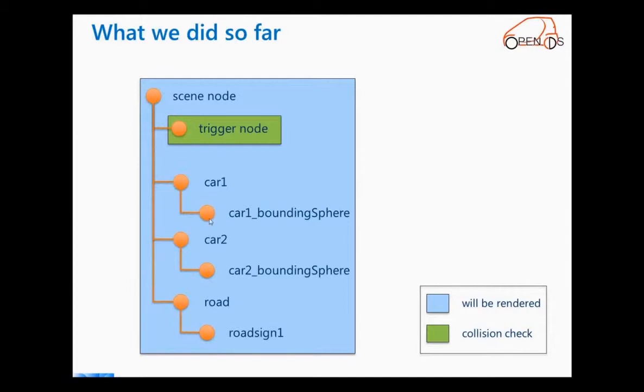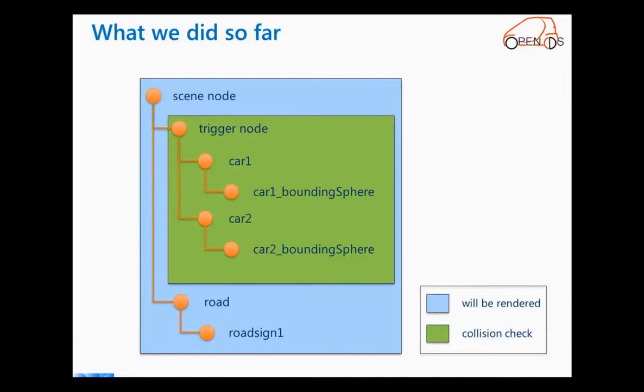As the bounding sphere is also a descendant of the scene node, it will be rendered. It's contained in this blue box. It will not be checked for collisions as it's not contained in the trigger node. But what we did is we moved the car node to the trigger node.